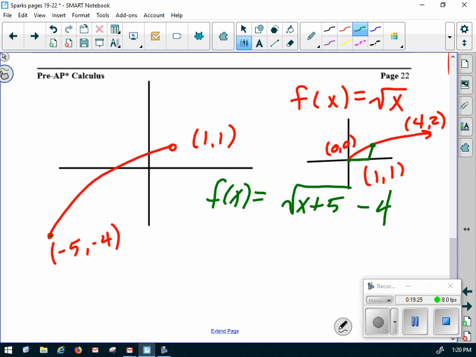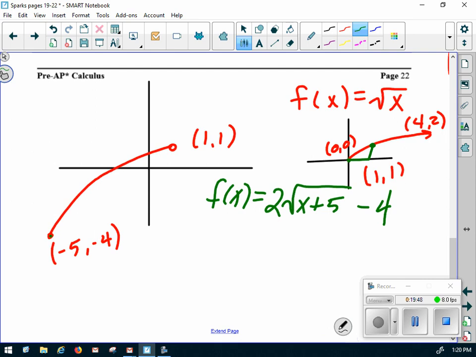So the y values got vertically stretched by a factor of 2. That's going to be your first equation, and the second equation will be an absolute value. And I will leave you to that.